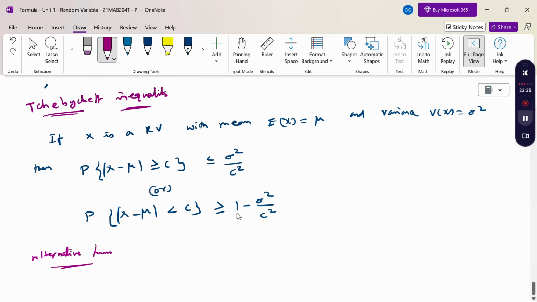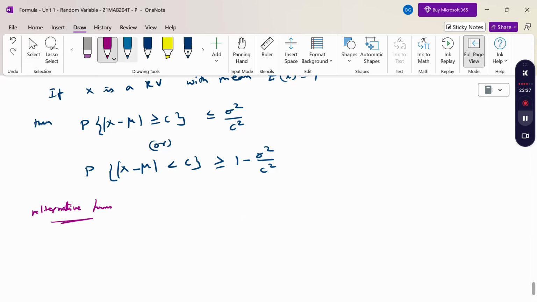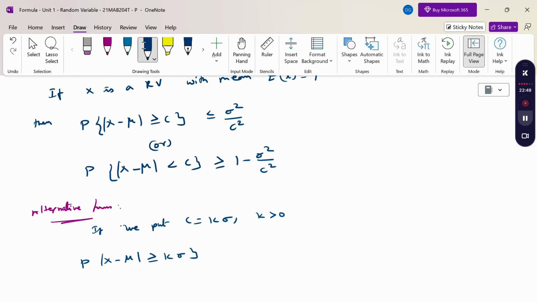In the alternative form, if we put c equal to k sigma, where k is greater than 0, then probability of modulus of X minus mu greater than or equal to k sigma is less than or equal to sigma square by c square, which is k square sigma square.